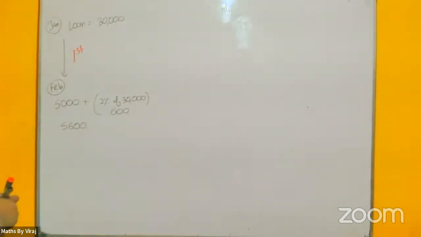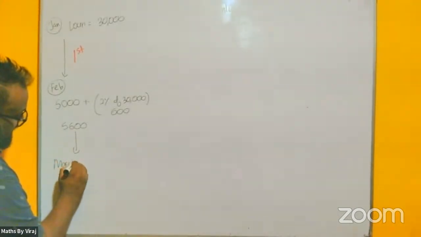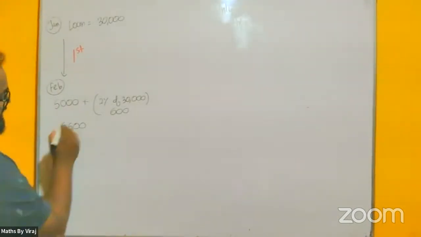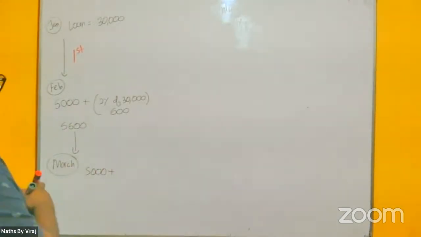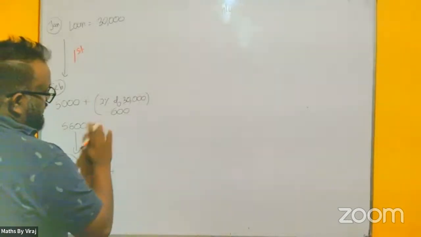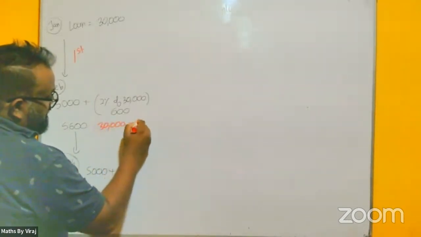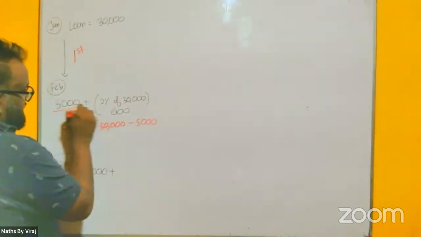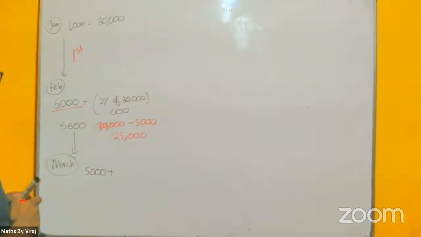Next, what do we have? We go for the month of March. We give 5,000 plus, what is the remaining amount now? 30,000 minus 5,000. Remaining amount is 25,000.